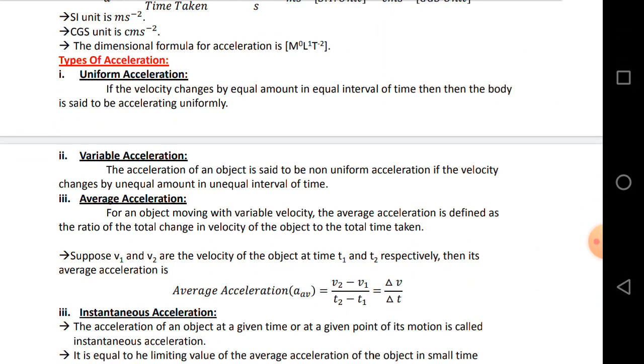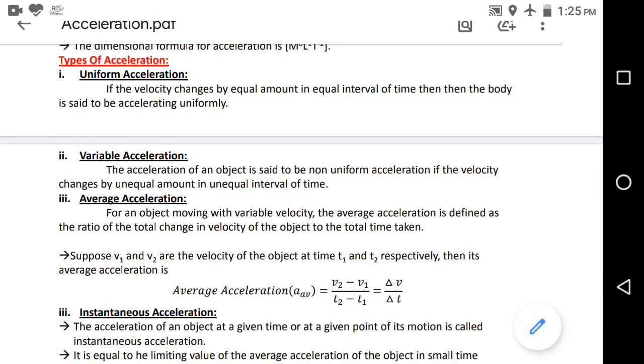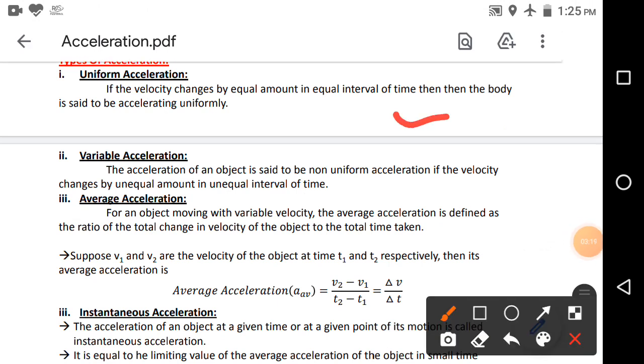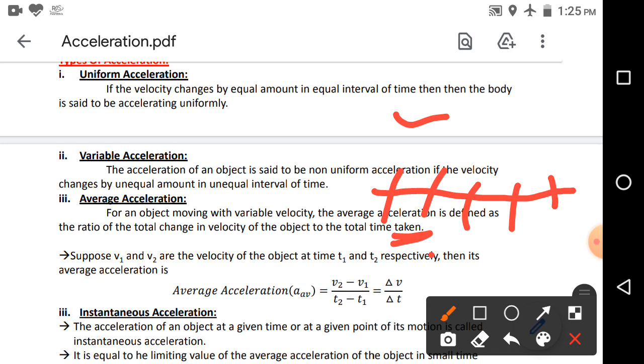First one, uniform acceleration. If the velocity changes by equal amount in equal intervals of time. So this is the time, this is the x-axis, these are different positions. In between two positions, let's consider the velocity changes by the same value v. Here also the v value changes, here delta v changes, here also v changes. But at every segment the time interval needs to be the same.